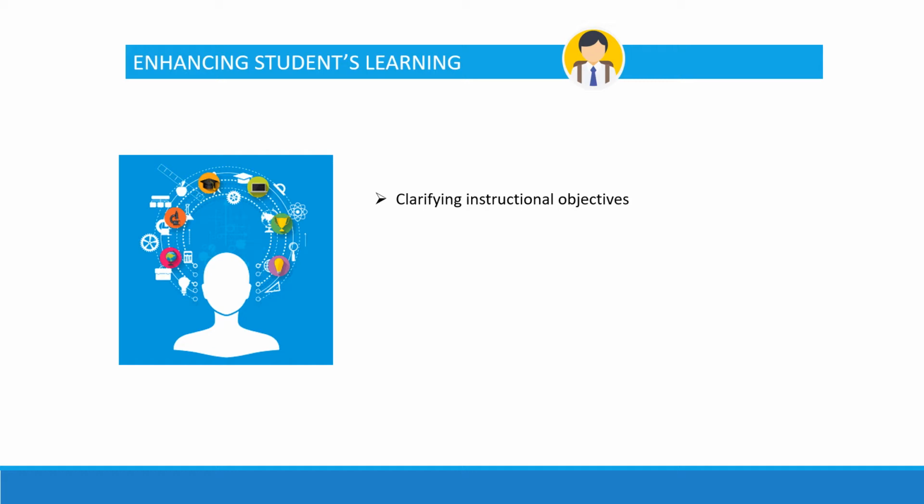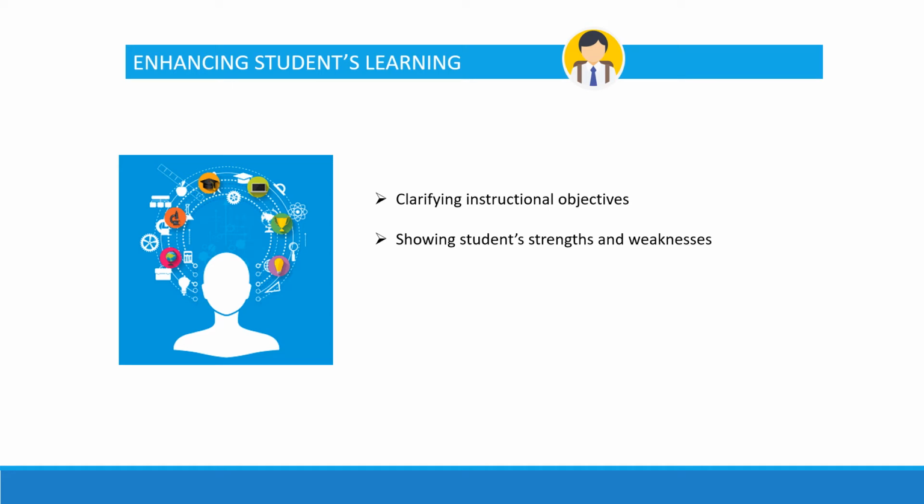Instructional objectives are what is supposed to be learned by the students. If there are instructional objectives that are not clear to the students, grading and reporting will help them to clarify, and as a result, it will enhance their overall learning.